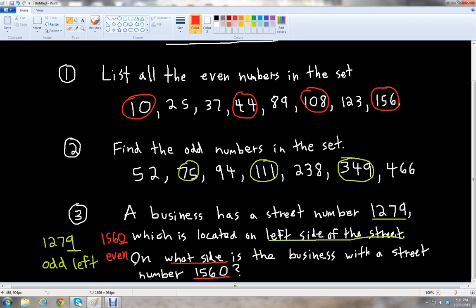And we notice that even and odd numbers are located on opposite sides of the street. So if the odd numbers are on the left side of the street, the even numbers must be on the right side of the street. So this business with a street address number of 1560 must be located on the right side.